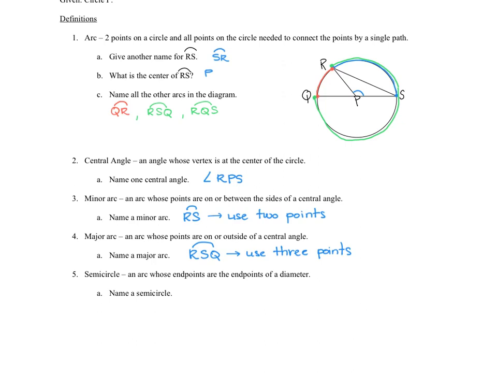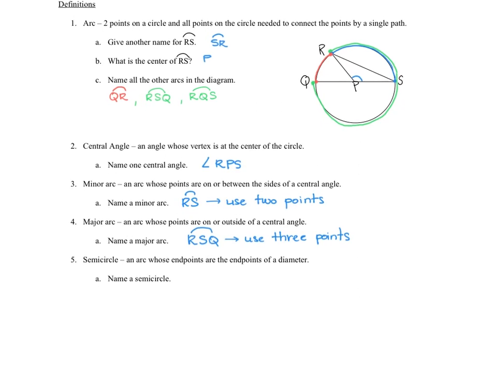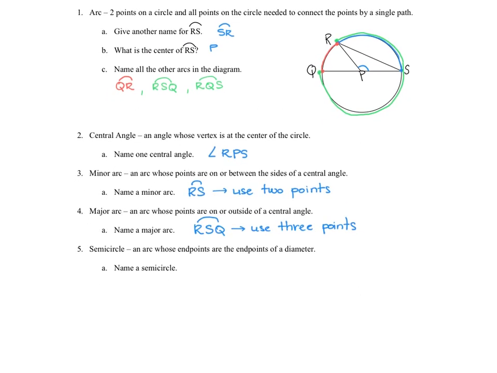The third type of arc we're going to talk about is a semicircle. A semicircle is an arc whose endpoints are the endpoints of a diameter. We typically use 3 letters to name a semicircle. So in the above diagram, arc QRS would be a semicircle. We typically use 3 points so we clearly indicate which half of the circle we're talking about.